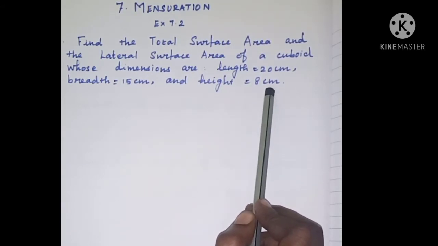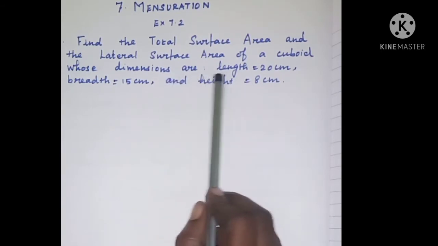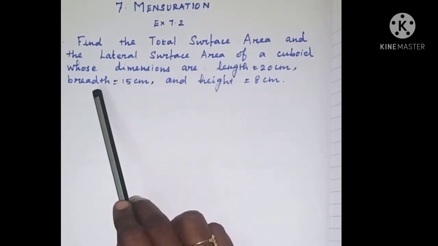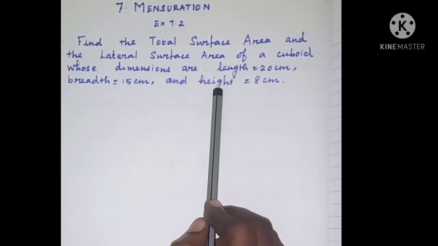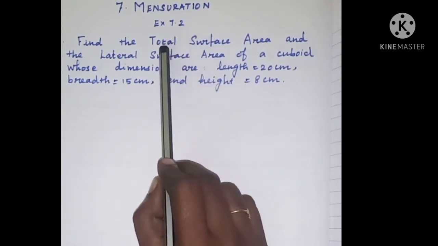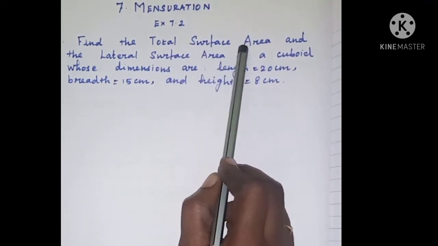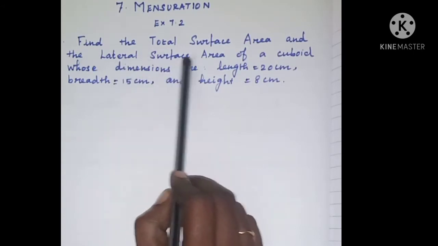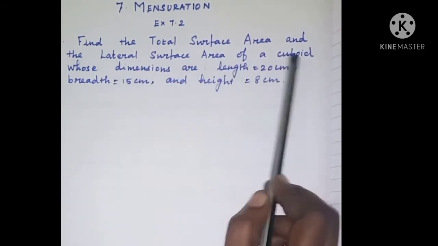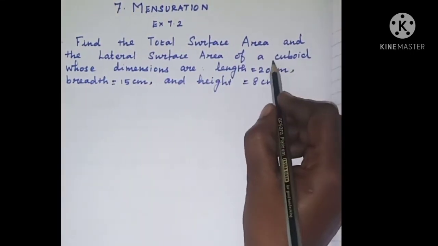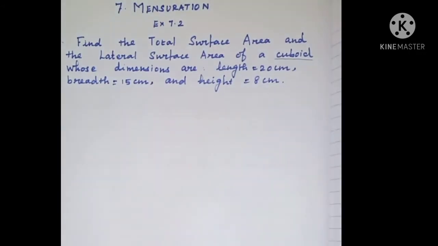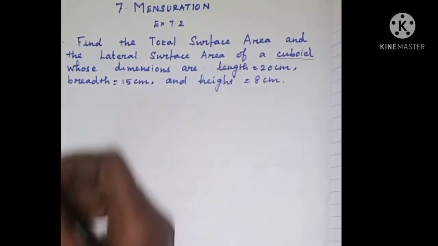So here in this problem they are given the length, breadth and height. We have to find TSA and LSA of the cuboid.